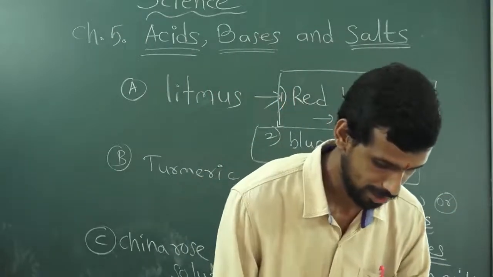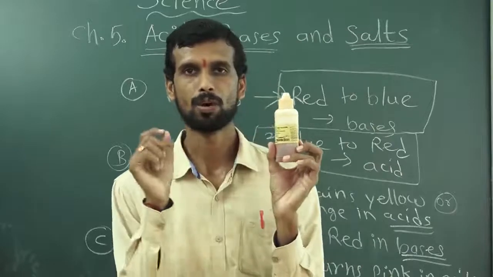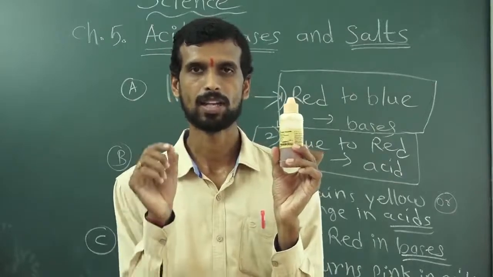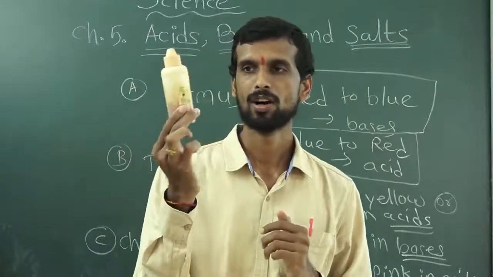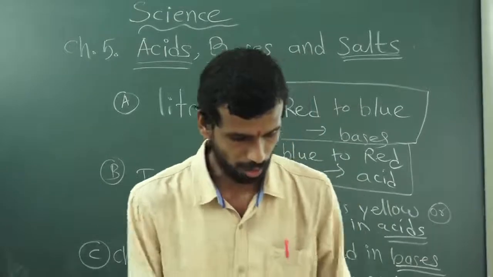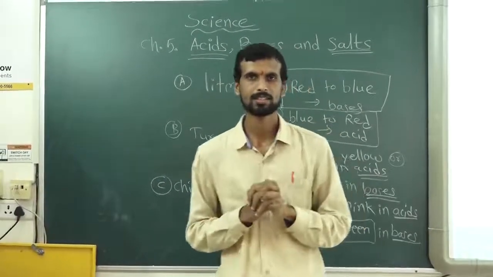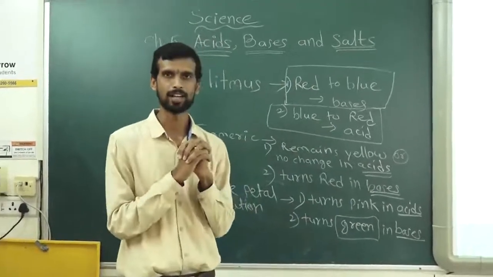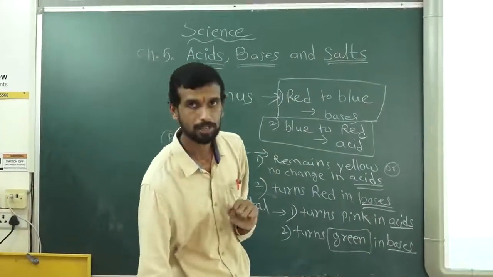Now for methyl orange, there is homework for you. You have to find out what change happens in acids and bases for methyl orange solution. Okay, phenolphthalein I told. So this is all about indicators. Let us complete our table 5.3 and 5.4. Okay, then we'll discuss the next thing.